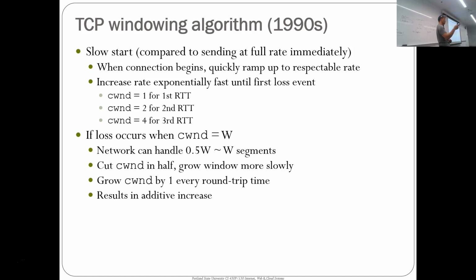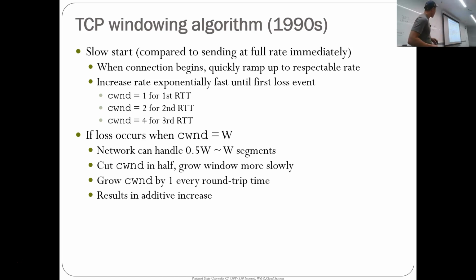And that's a result of its slow start algorithm that was doing the doubling. When you have the congestion window, now you want to be a little bit more conservative in terms of how you probe for bandwidth, because you know it's in that range. And so what it'll do is it'll add 1 to the congestion window every round trip time rather than doubling it every round trip time. And this gives you linear increase or additive increase.